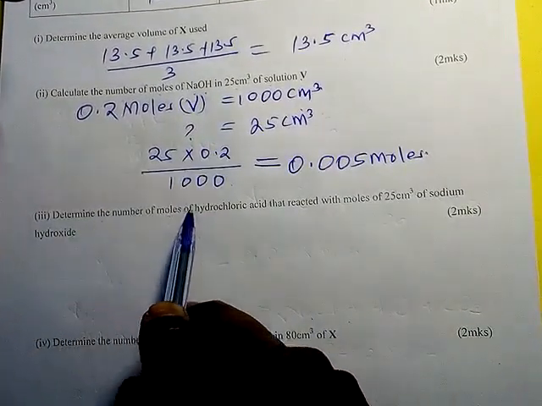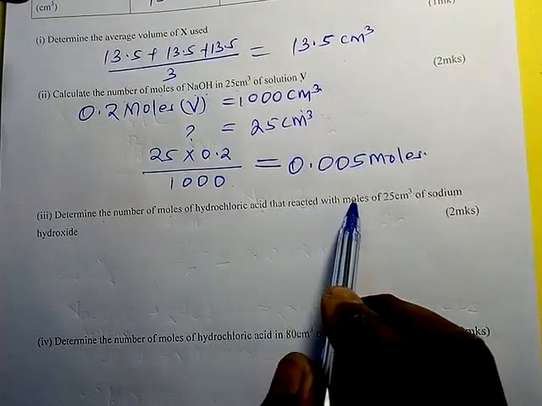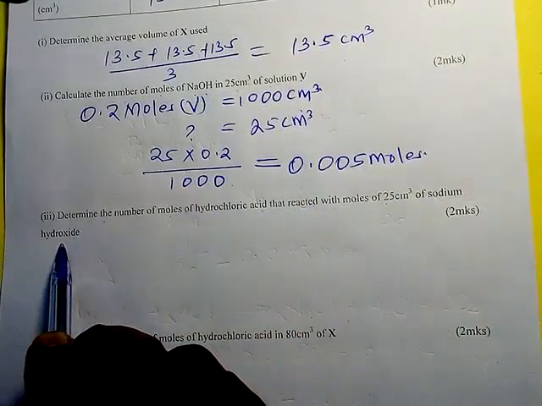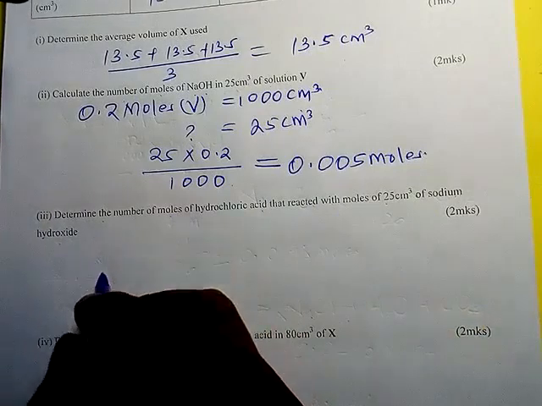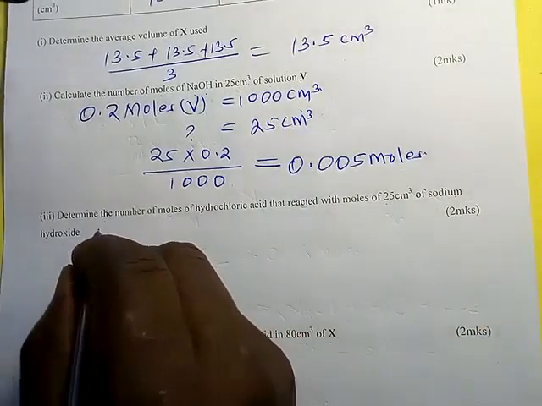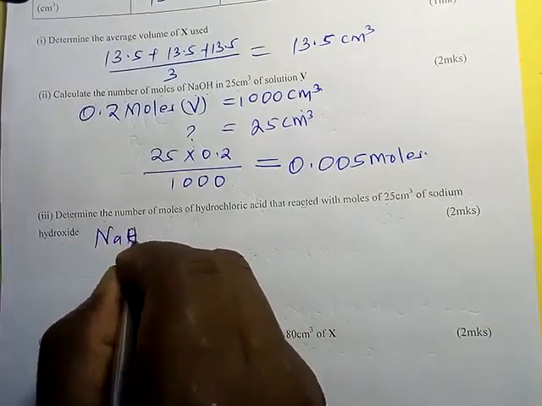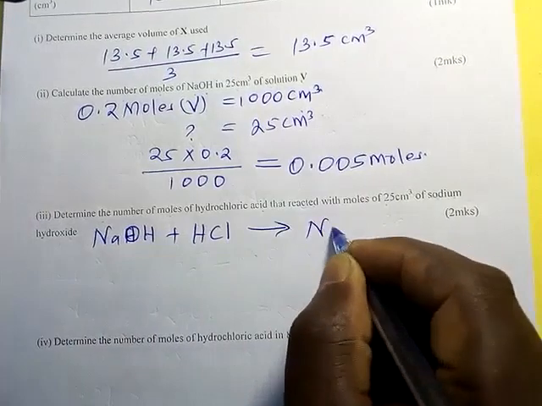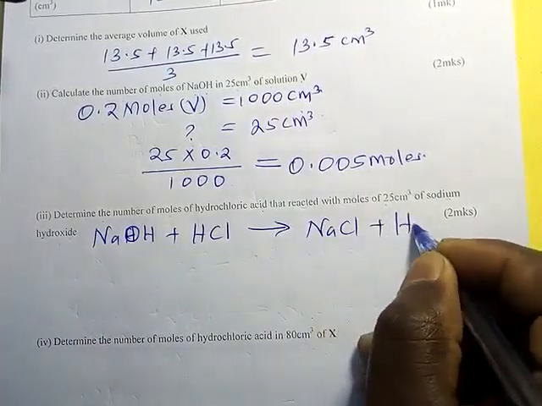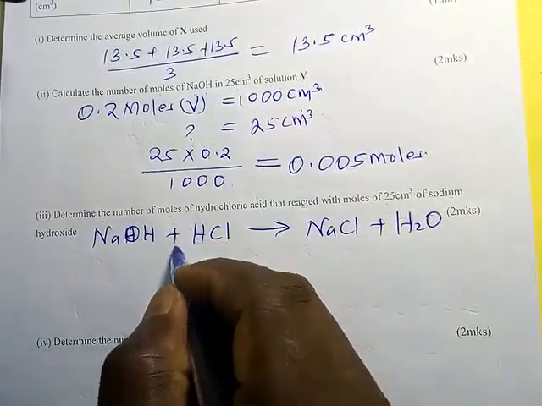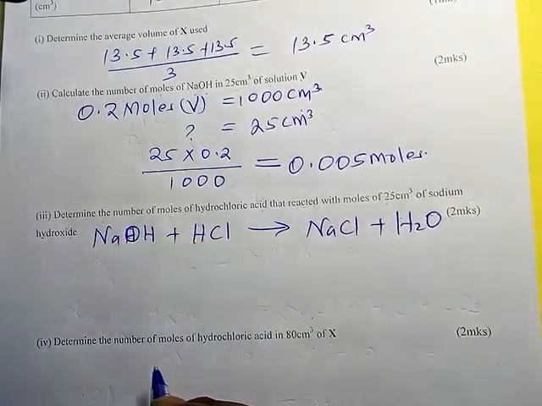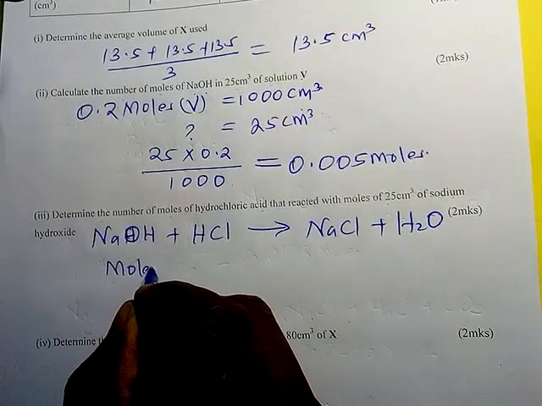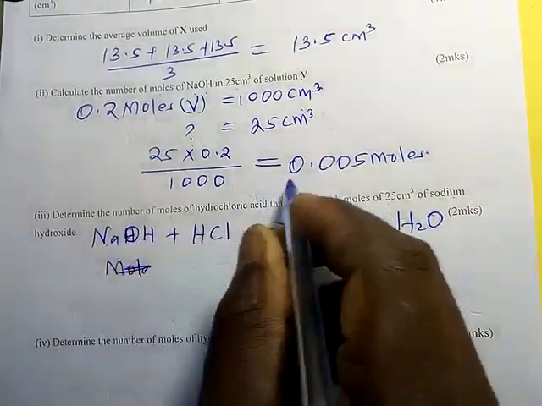Determine the number of moles of hydrochloric acid that reacted with moles of 25 of sodium hydroxide. We know that sodium hydroxide is reacting with HCl. It's giving us sodium chloride plus water, and in this equation we see that the ratio is 1:1 because the equation is already balanced. We know the number of moles of sodium hydroxide here.